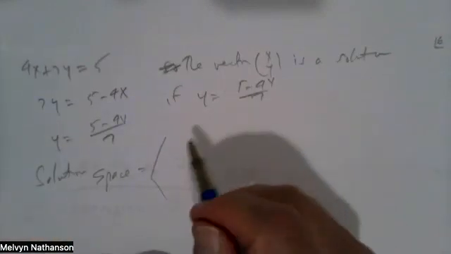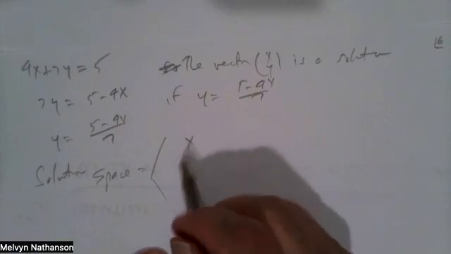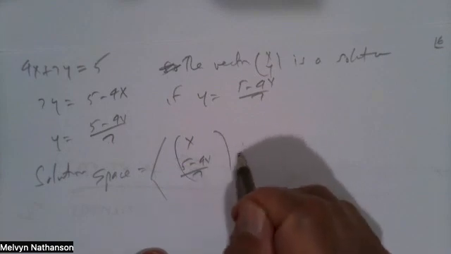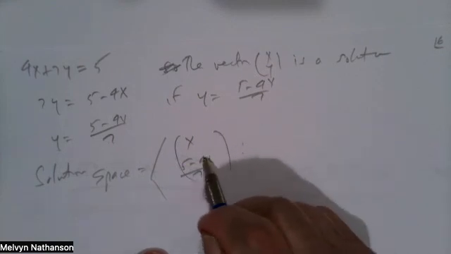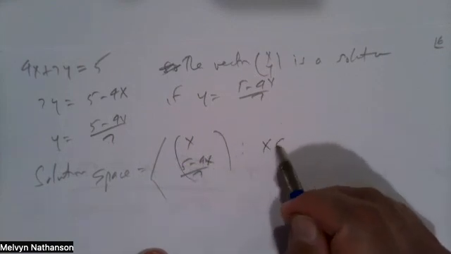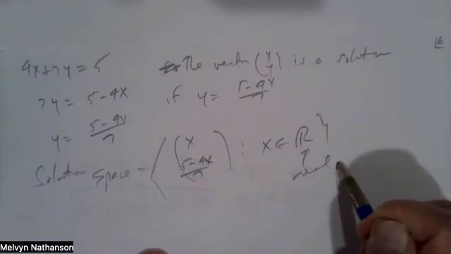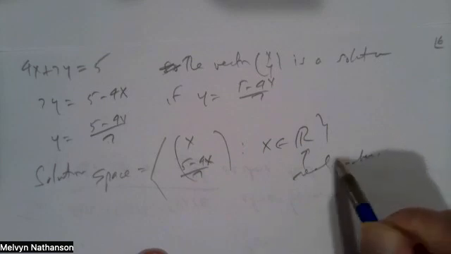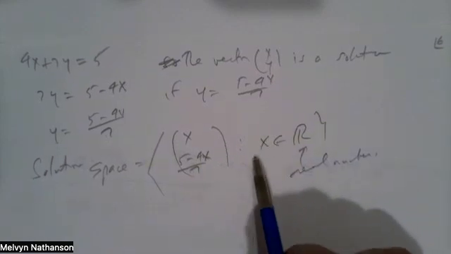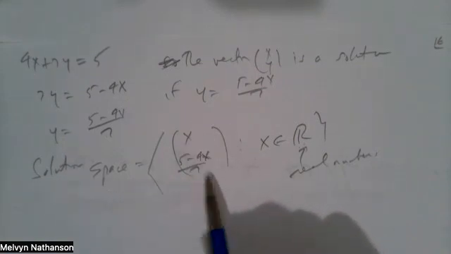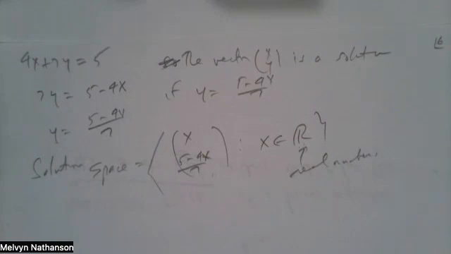It's the set of all vectors with x and the second coordinate 5 minus 4x over 7 for any value of x. If we're looking at just real numbers, for any x in R. This means the real numbers, and this is just the way you write in mathematics: x is a member of the set of real numbers. So the solution space is all vectors that look like that and nothing else. That's exactly the solution space.